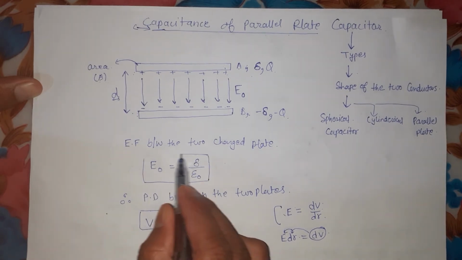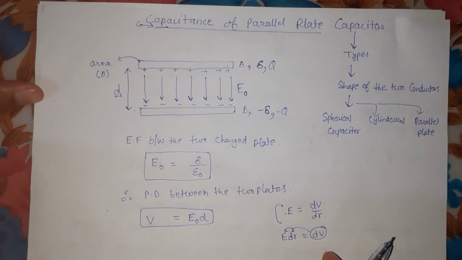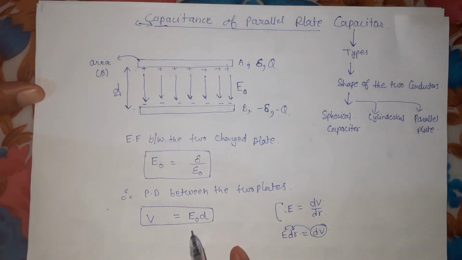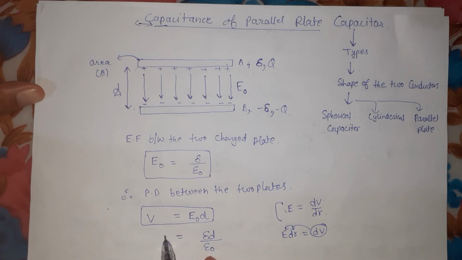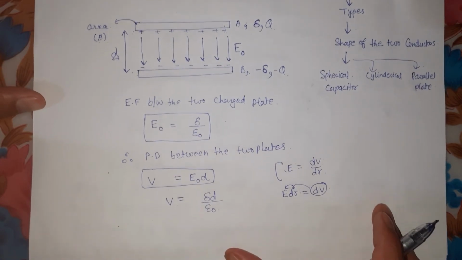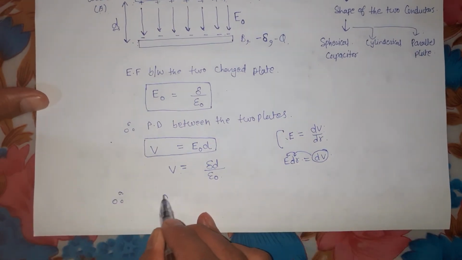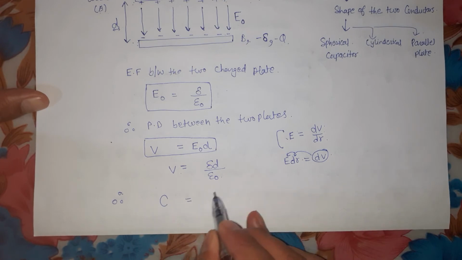Here we have calculated this electric field. Now I can put the value of this E naught in the relation. Then it will be sigma D by epsilon naught. So this is the potential difference when I put the value of E naught. Therefore, what will be the capacitance now, students?